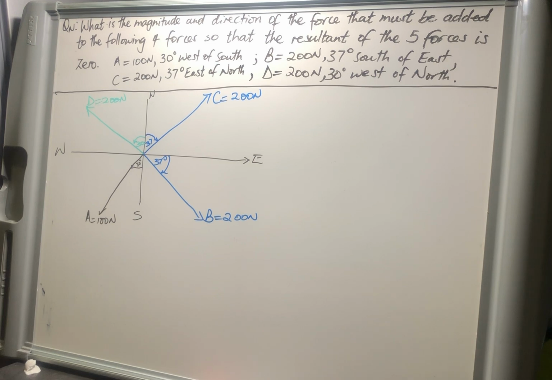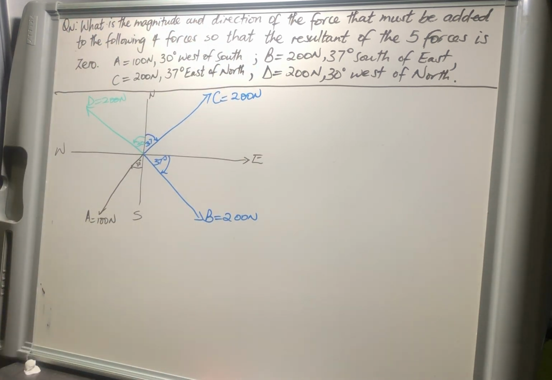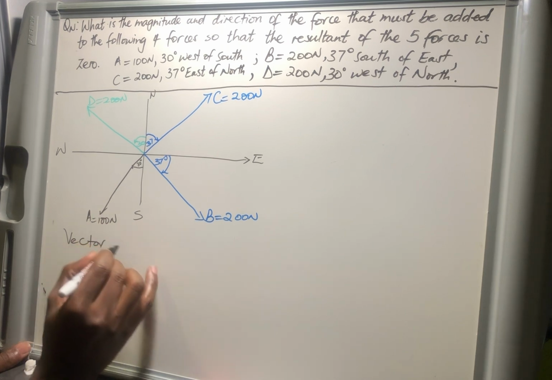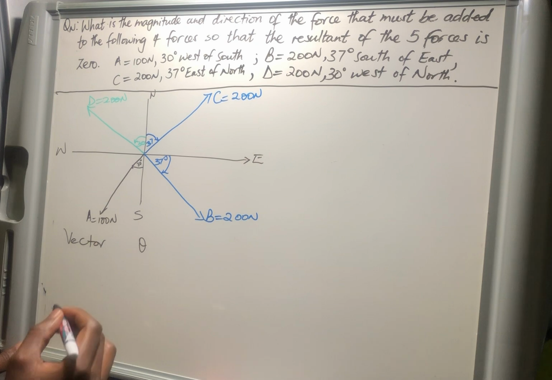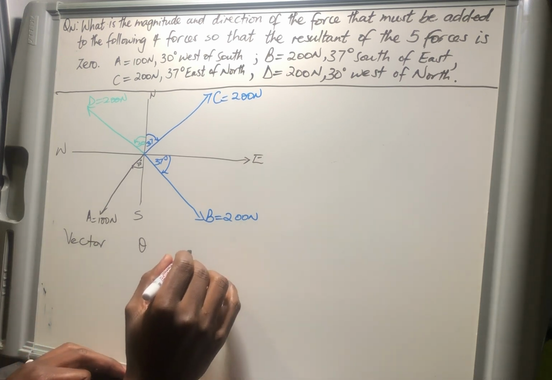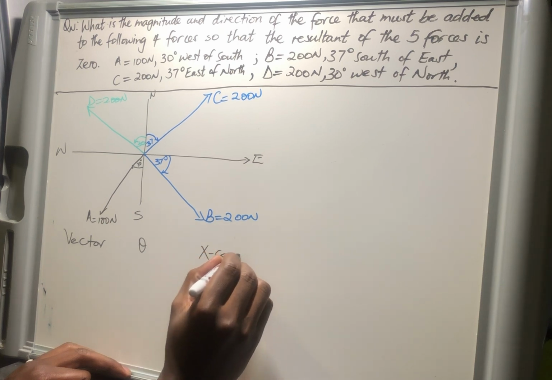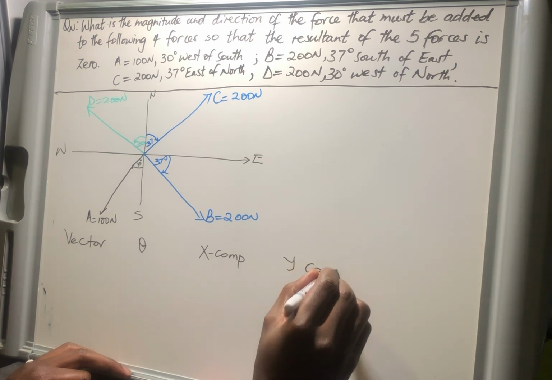Now I have to come up with a vector component method. Using the information that is here, I'm going to come up with a diagram where here I will have a vector, here an angle, which I can call theta, here the x component, and here my y component.